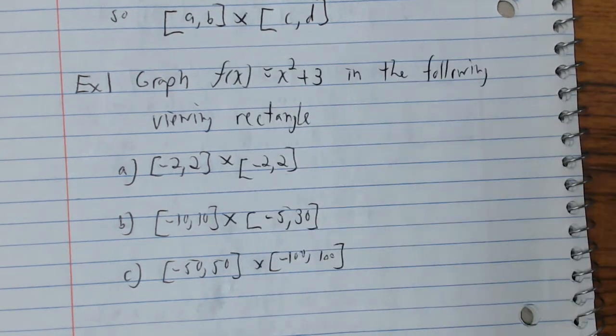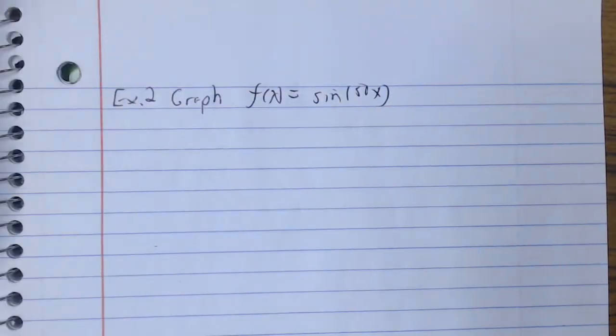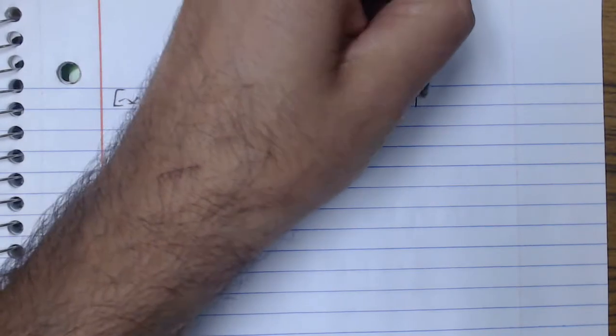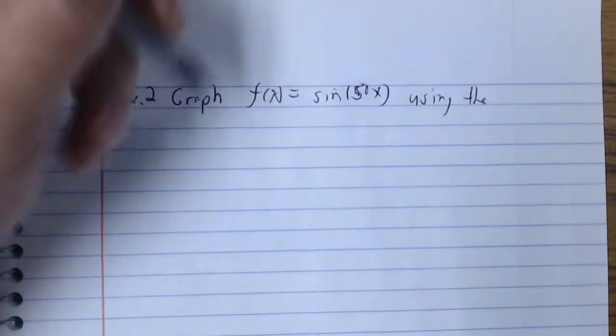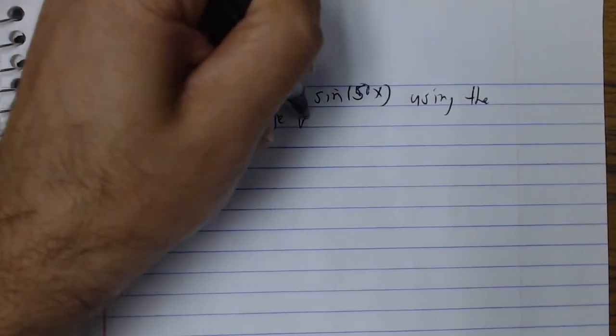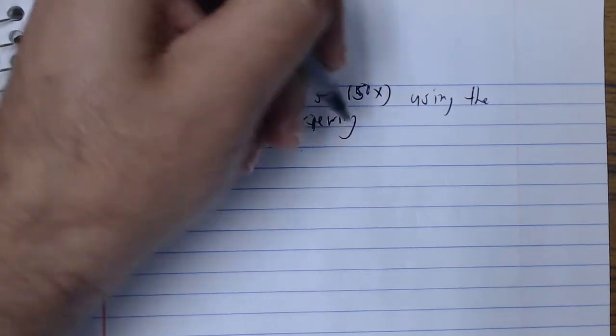Okay, so let's move on to example 2. For example 2, we're going to graph f of x equals sine of 50x, that's a 50, using the appropriate viewing angle.